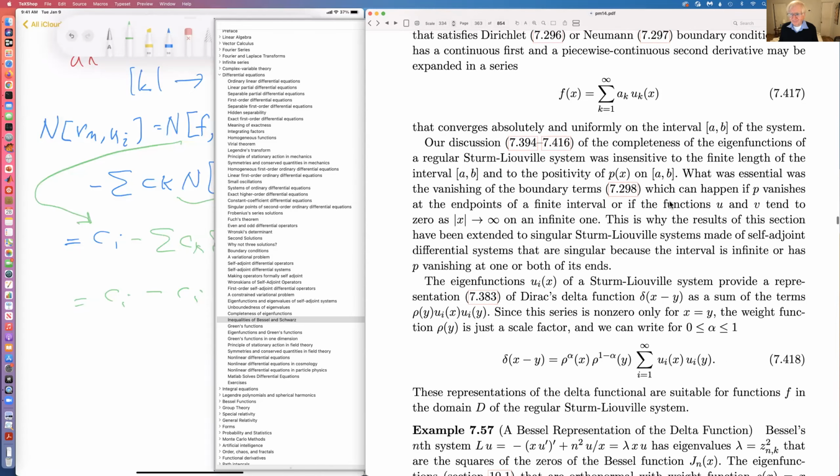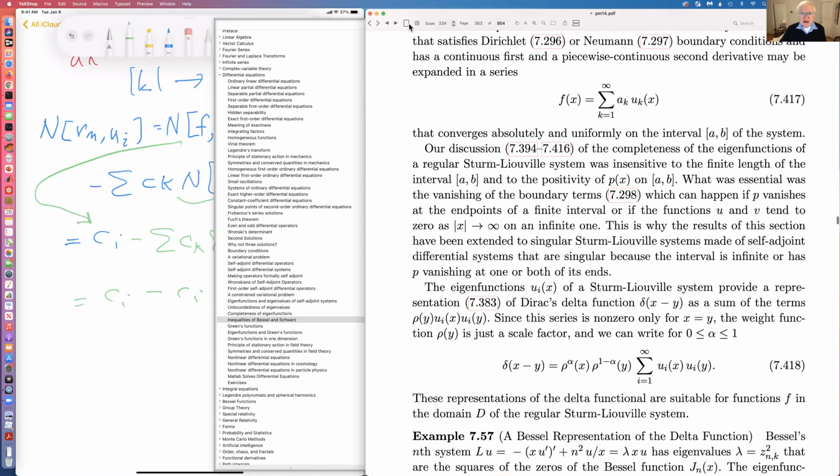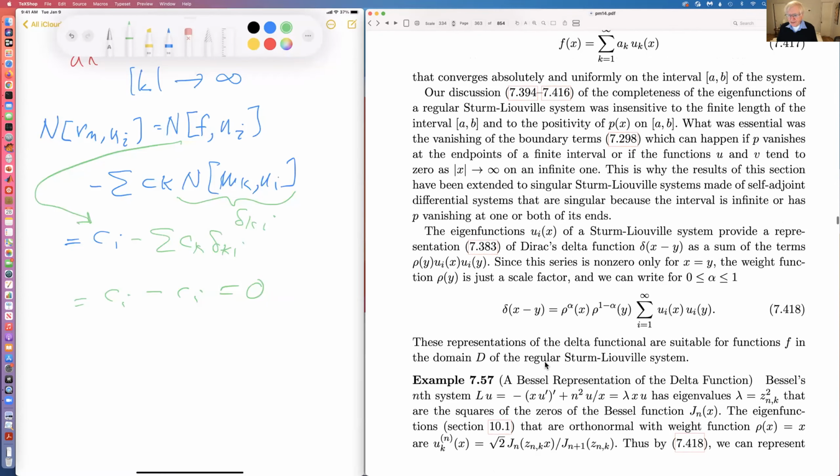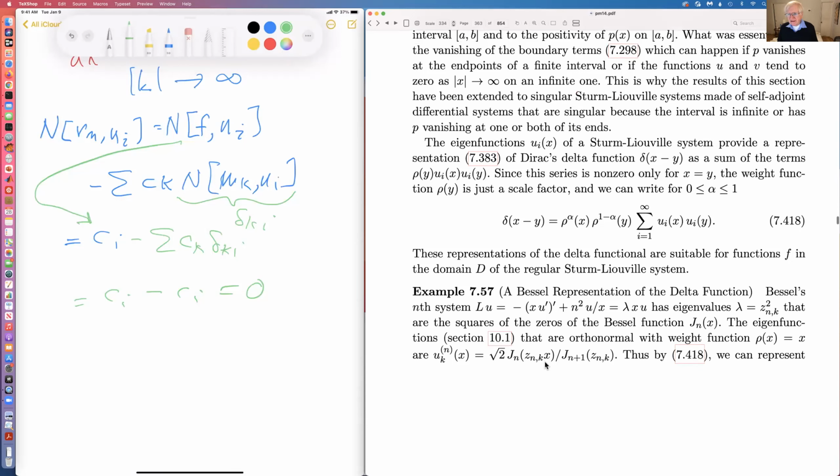And now, the arguments really did not involve in detail whether the interval was finite and whether P was positive and so forth. So the completeness of the eigenfunctions of an SL system is much more general than what is proven in my book.